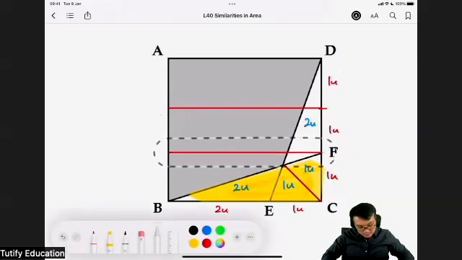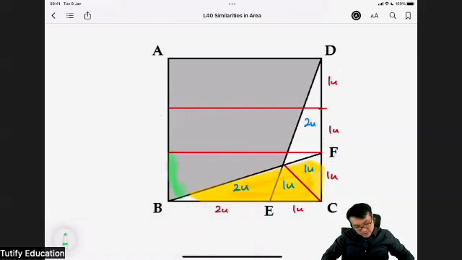Now, Ben, tell me, inside the green color triangle, how many units are there altogether? Is the green color triangle the same as the yellow triangle? Yes, definitely.